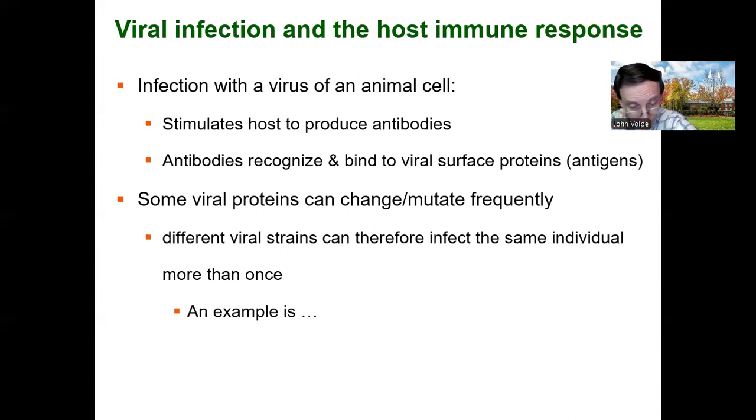And we'll talk a little bit about why that might be the case. With COVID-19, it's because the RNA polymerase is not very accurate, and so it frequently makes a mutation. You don't need to know that. I'm just telling you off the top of my head.